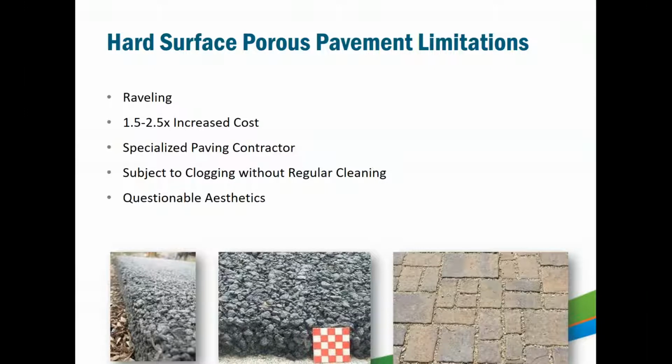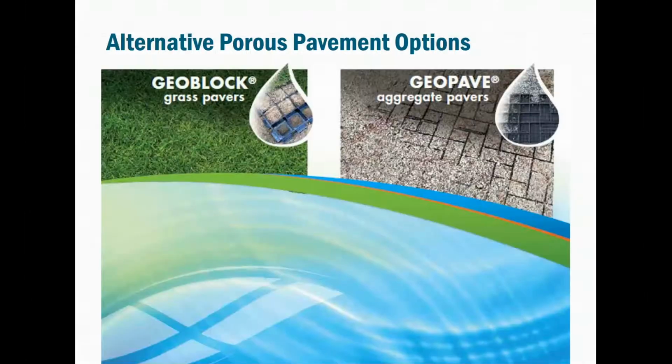Regular deep cleaning is required to reduce clogged areas, as is resurfacing or replacement of the lost materials due to raveling, which occurs because of the weak bonds within the porous concrete and porous asphalt. In general, porous concrete and asphalt surfaces tend to look unfinished, leading to some questionable aesthetics. So if that's important on your site, it's something to consider.